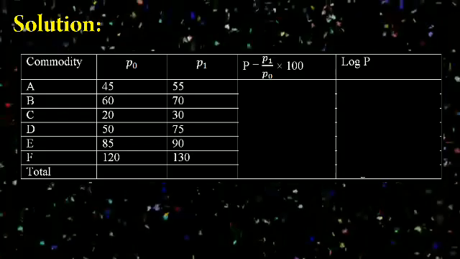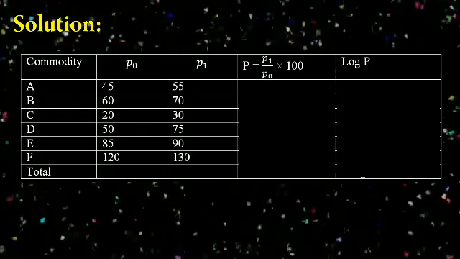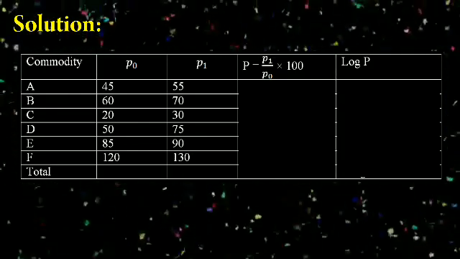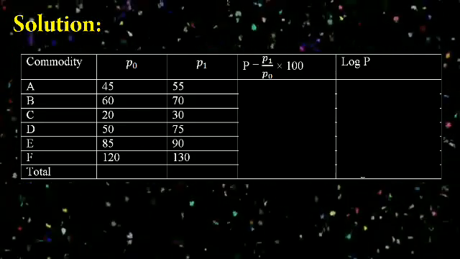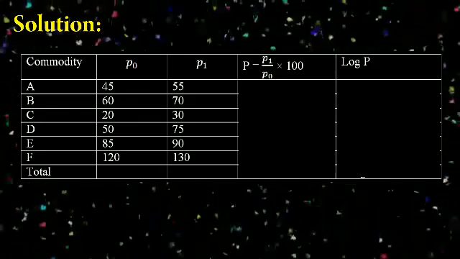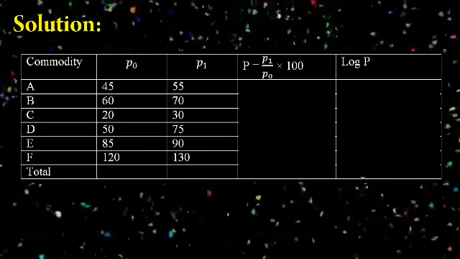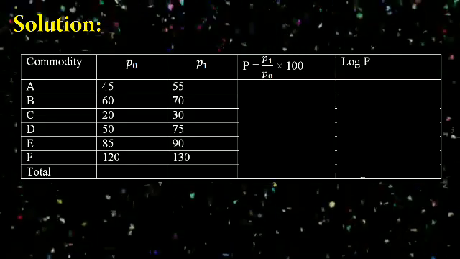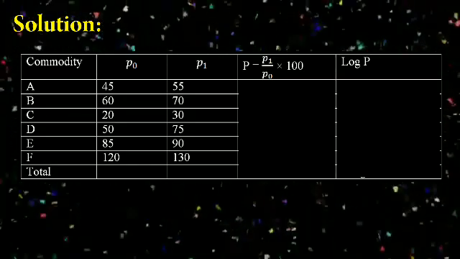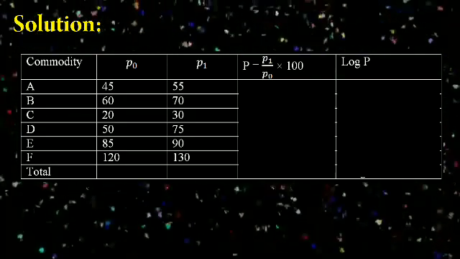Base year price is denoted as P0, so under P0 copy the values 45, 60, 20, 50, 85 and 120. Consider the current year price values. Current year price is denoted as P1, and copy the values 55, 70, 30, 75, 90 and 130.